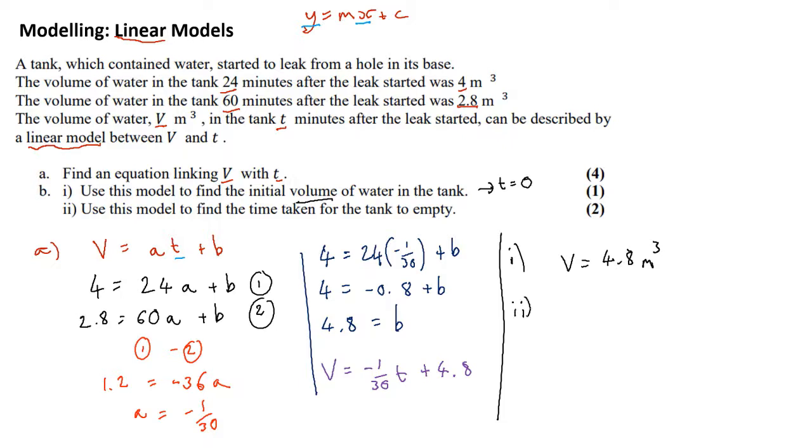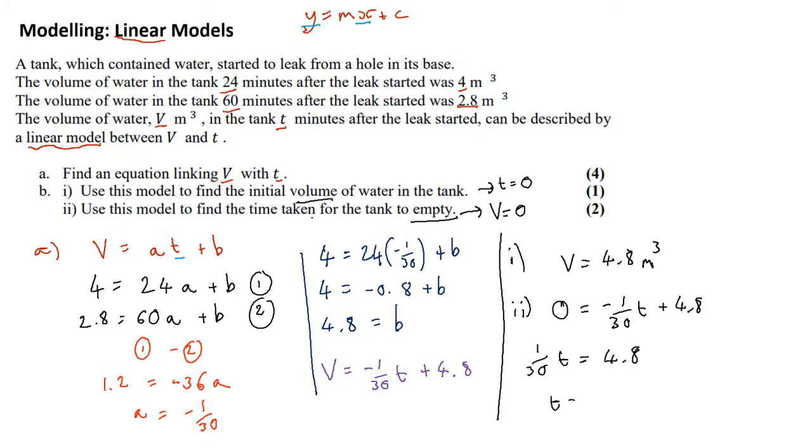Part ii, use this model to find the time taken for the tank to empty. So when the tank is empty, the volume will be 0. So when the volume is 0, we get 0 equals minus 1/30th t plus 4.8. So then we get 1/30th t equals 4.8.